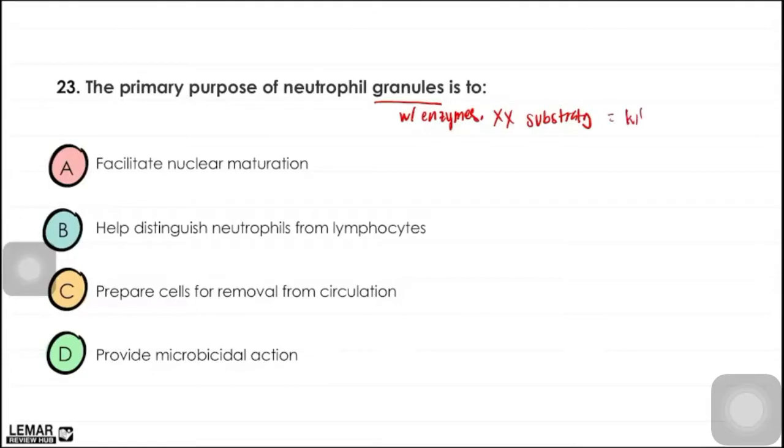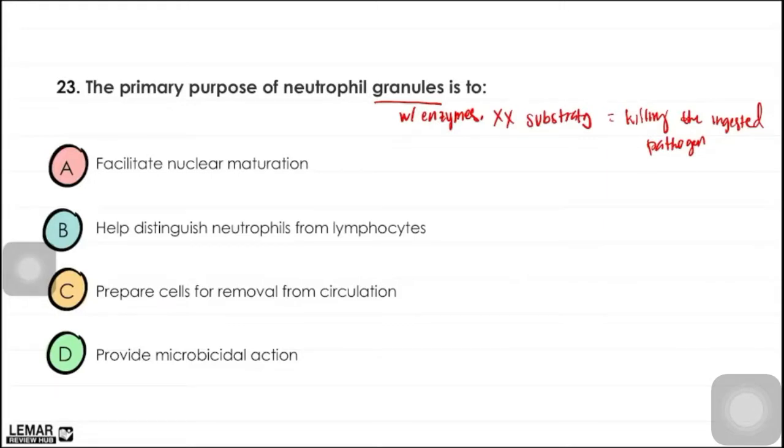Killing the ingested pathogen, and secreting other contents during an inflammatory response.